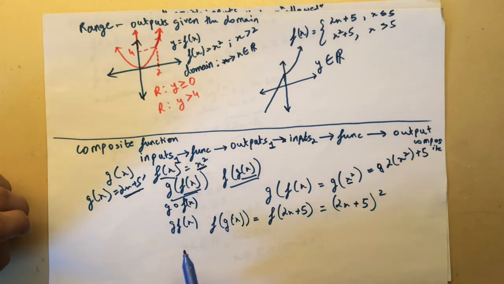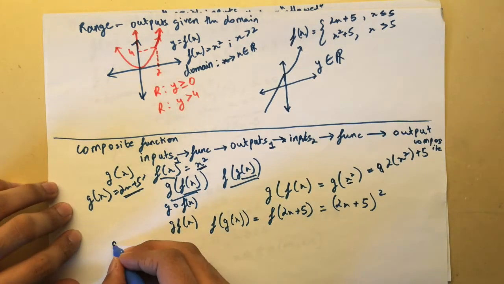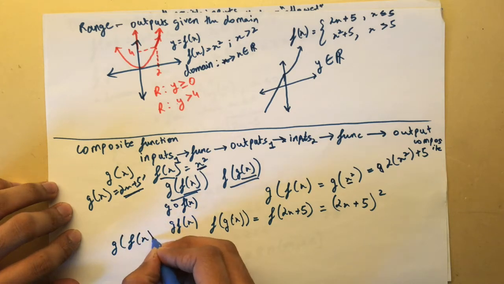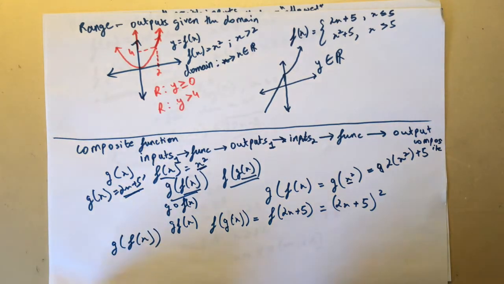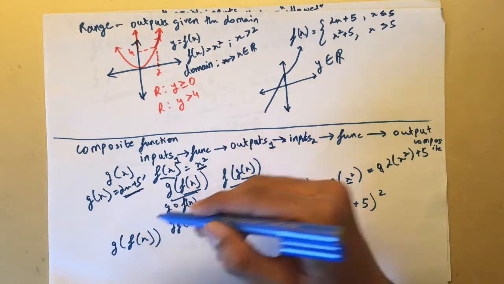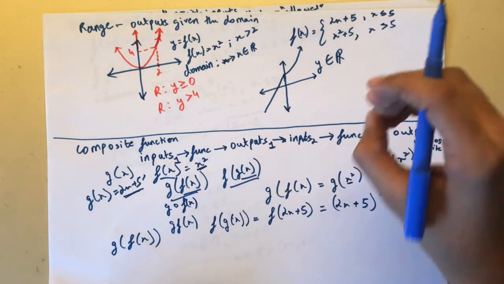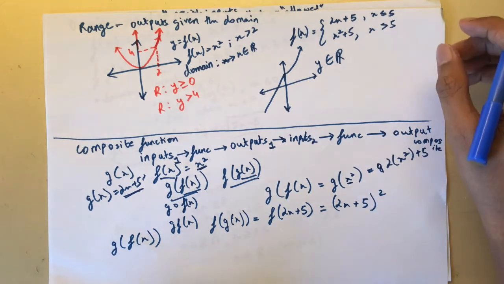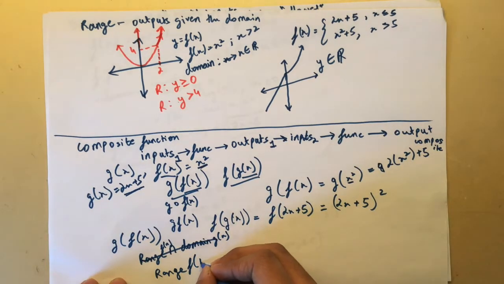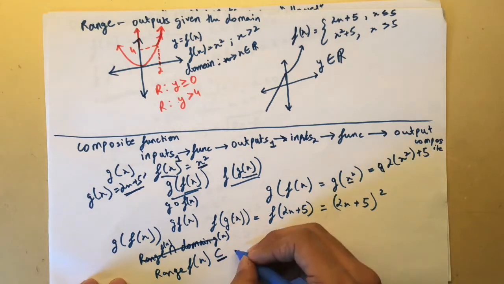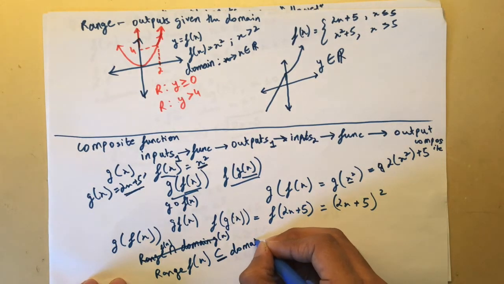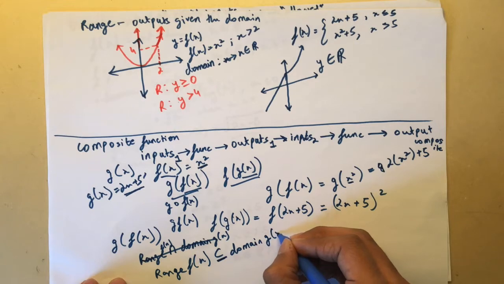And if you notice something over here, let's say we had a function g of f of x. Now you realize that the domain of this function should begin with the domain of f of x, because all of these x values that we input would have to pertain to the domain of f of x. But now the range of f of x would have to be a subset of the domain of g of x.